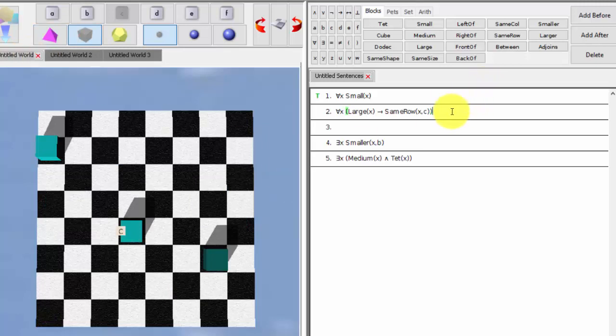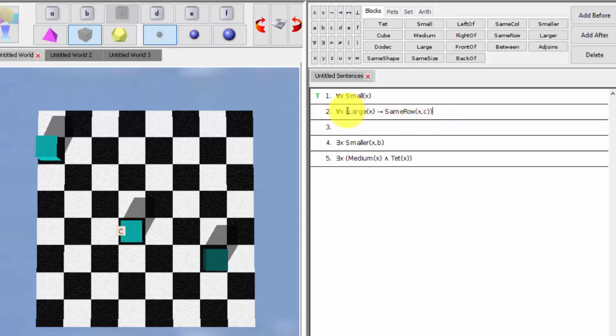Now if I say of this world that for all x, if x is large, then x is in the same row as C, you might be tempted into thinking that it's false because there's nothing in this world that is large at all.